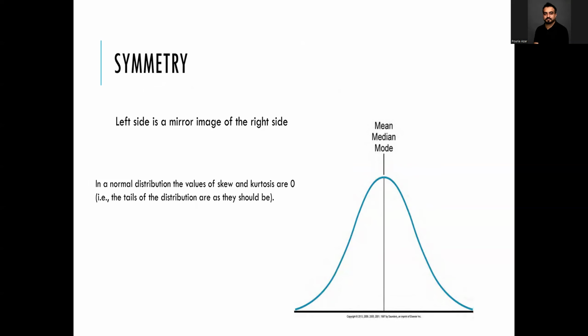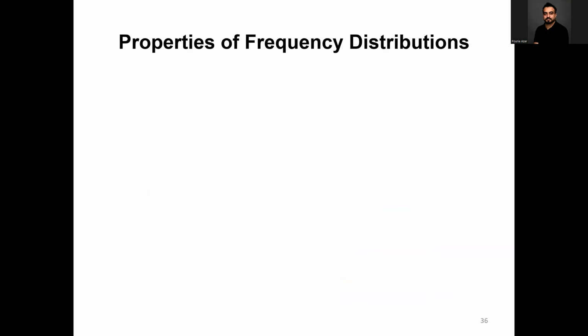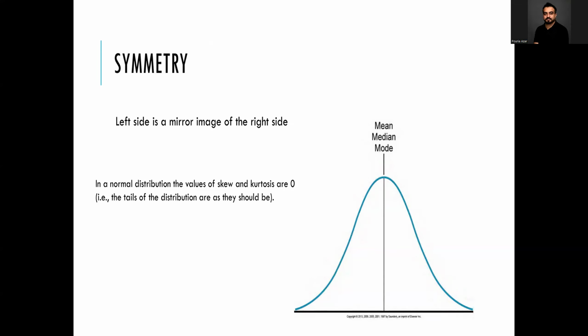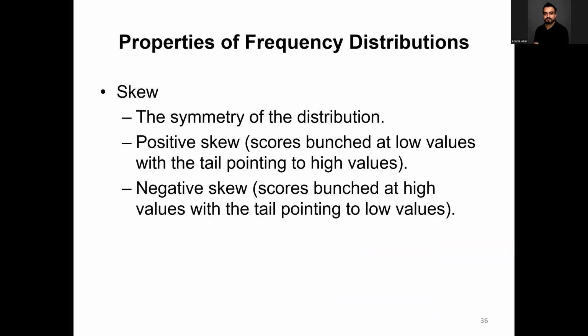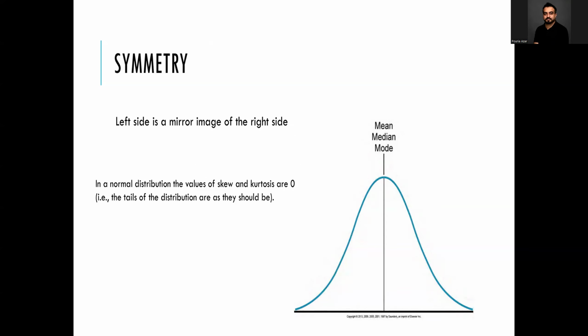In a bell-shaped or normal distribution, our central tendency, we will talk about that later, our mean, median, and mode are all equal. Left side is a mirror image of the right side. That's the concept of symmetry. That's in an ideal world.